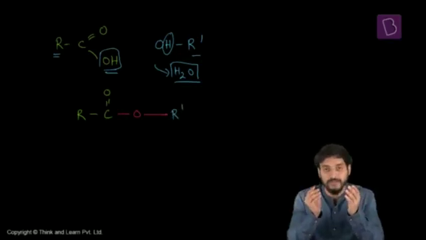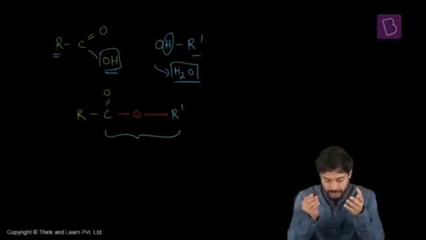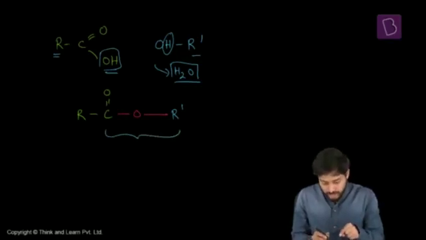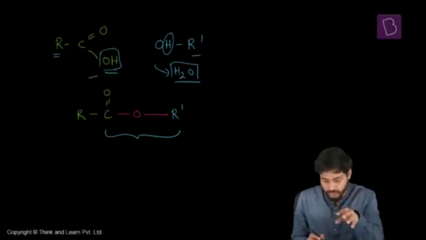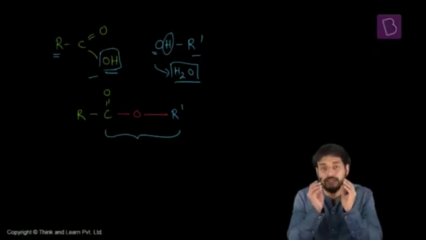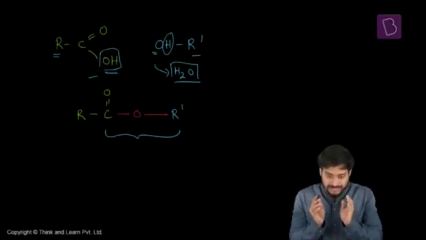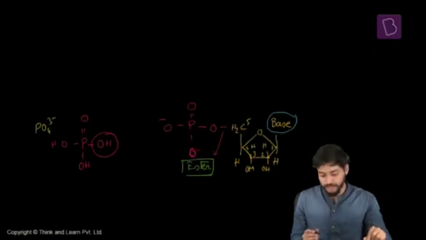Yes, this is the ester bond you're seeing over here. So you understand, H2O has been removed, OH from the carboxylic acid, and H from the alcohol. Fine. So we are left with O. So this bonding is called the ester bond. Just see this criterion. Now we'll go back and see the same criterion over here.